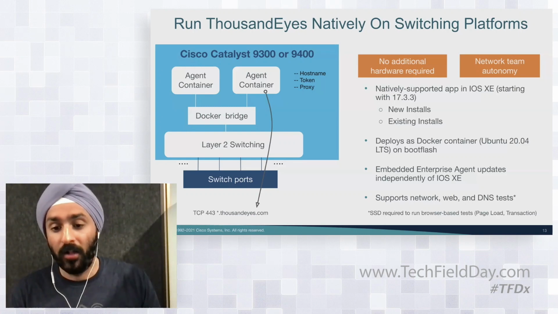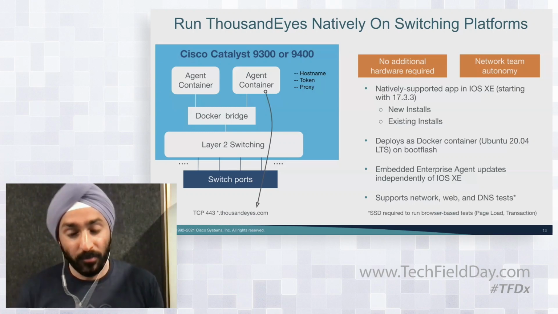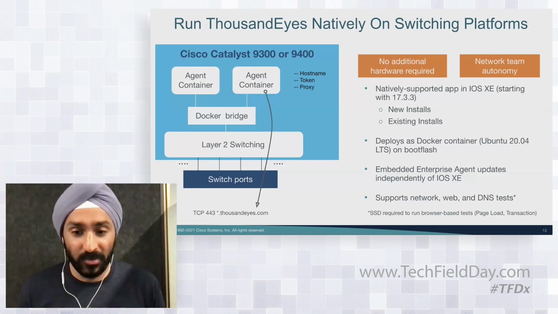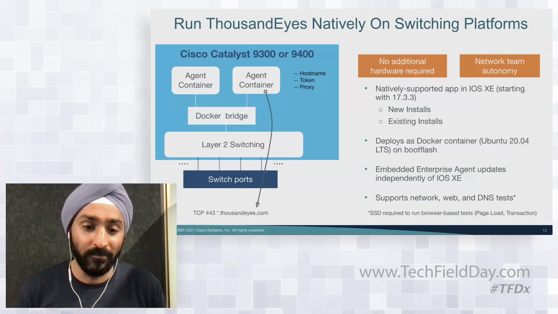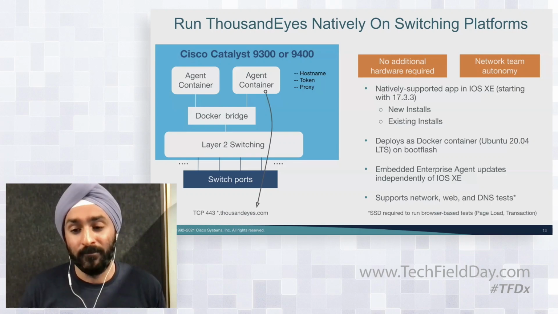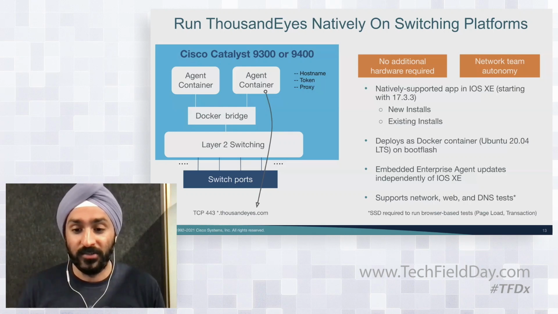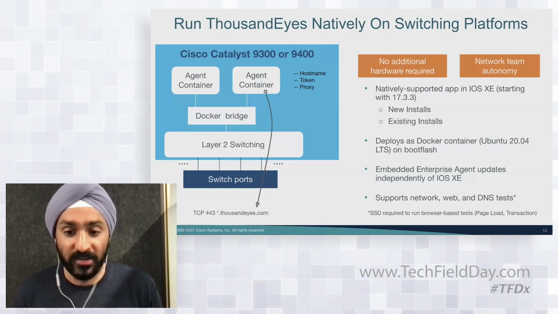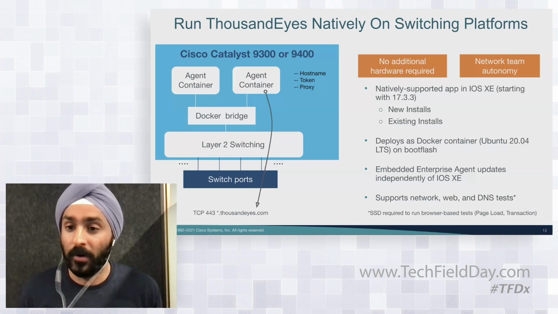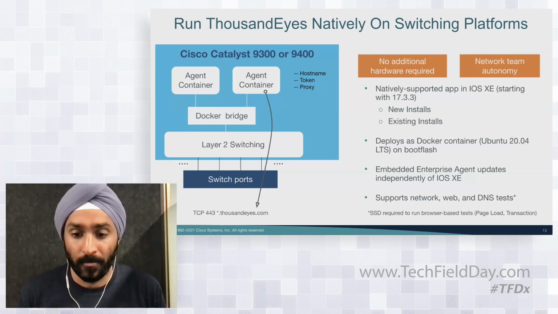In the future, all enterprise agent updates are independent of iOS XE, and that's an important point because ThousandEyes, operating a SaaS model, publishes updates to our agent and its capabilities every 2 weeks, and so there's the ability to update your agent independent of iOS XE as you move forward and be able to use this at scale.